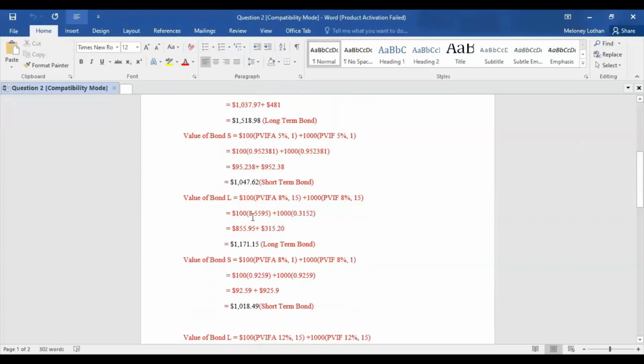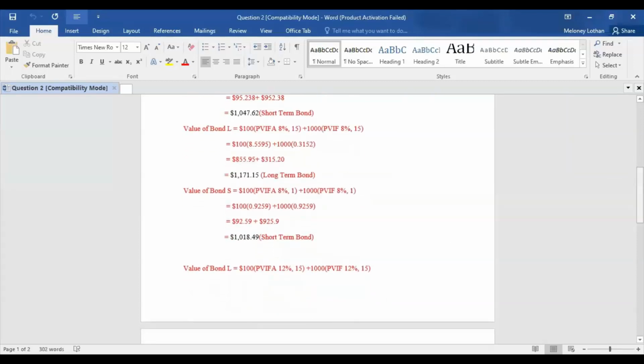So this is where we have the values 8.5595 and 0.3152. Add those together, you get 1,171.15 for bond L. Value of bond S, same procedure, use the 8% at 1 year to find the values on the table, multiply them, the 100 times the factor that you get from the table, add them together, and this is the result.